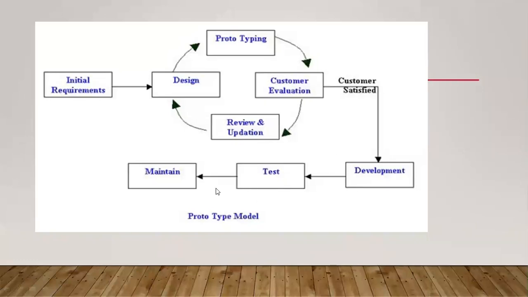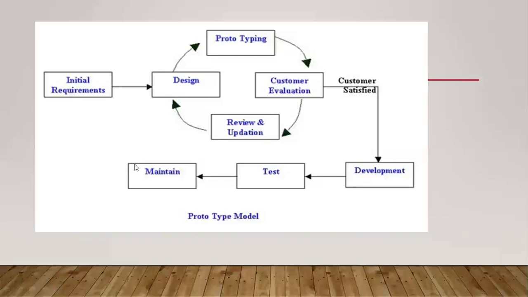Finally, it will be delivered to the customer. Later, we'll address the maintenance itself. Whenever there is a need for maintenance of that project, we will address it. Otherwise, we'll provide a service. After developing a project, we must provide service to that customer whenever he needs our help, our support.